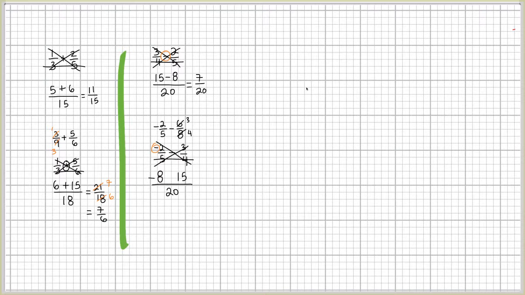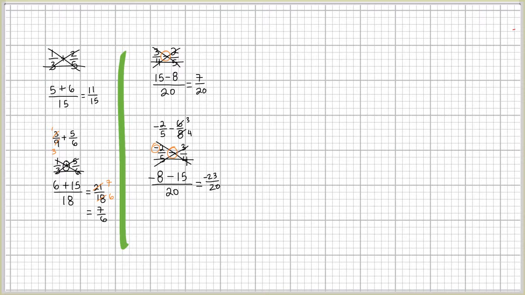Which goes right there. And then we have a subtraction, which goes here in the middle. So not a problem. If the signs are the same, then we'll just add the numbers. 8 plus 15 gives you 23. And keep the sign, all over 20.